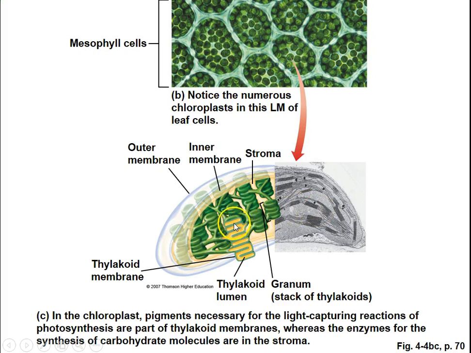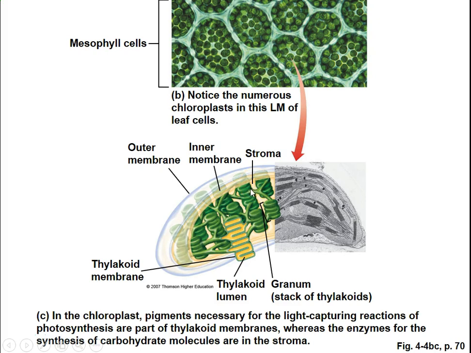Now the thing to notice in this diagram is that it's not just this whole chloroplast that is green. Instead, the green part is the thylakoid membrane. And the reason for that is that the photosynthetic pigments, such as chlorophyll, are not just floating around free in the cytoplasm, in the stroma here in the chloroplast.